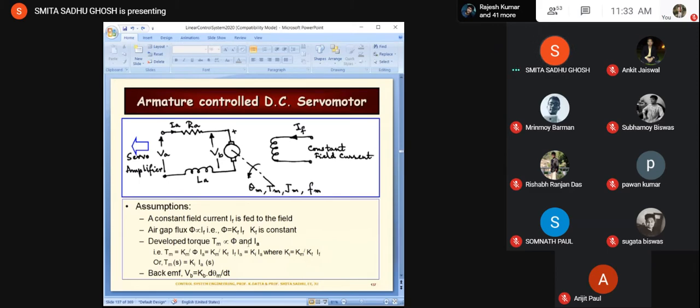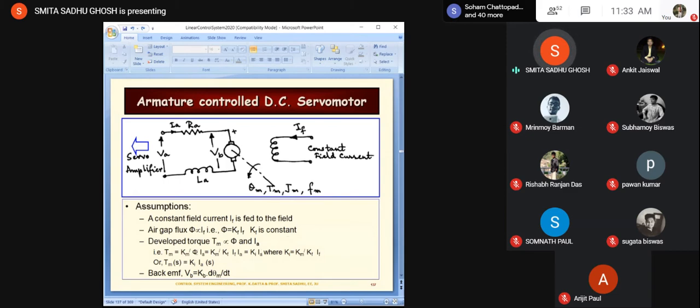So basically we denote Ki as being equal to Km prime into Kf into If. This whole thing is denoted by Ki. So Tm is equal to Ki into Ia. So this is finally the expression for the torque developed versus the armature current. If we take the Laplace transform, we are going to get Tm(s) is equal to Ki into Ia(s).